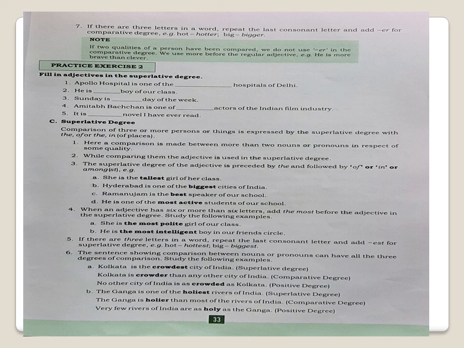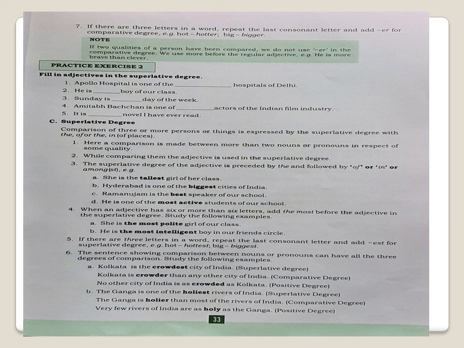Understand? A sentence showing comparison between nouns or pronouns can have all 3 degrees of comparison. Study the following example. Kolkata is the most crowded city of India. This is called the superlative degree. Kolkata is more crowded than any other city of India, which is called the comparative degree. And no other city of India is as crowded as Kolkata.